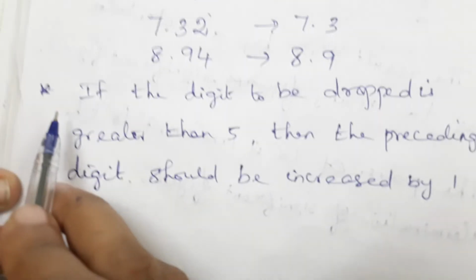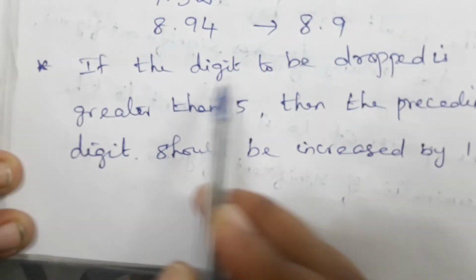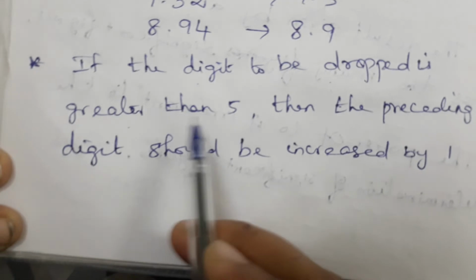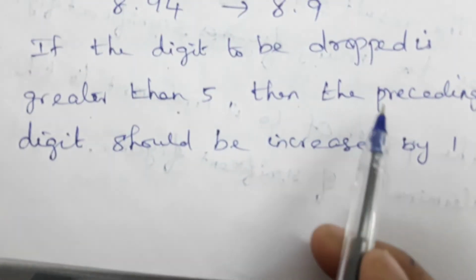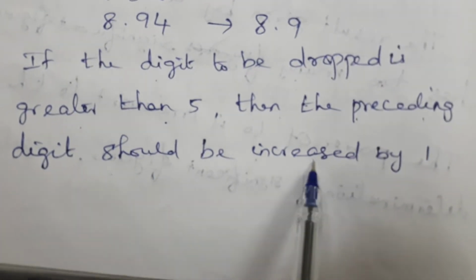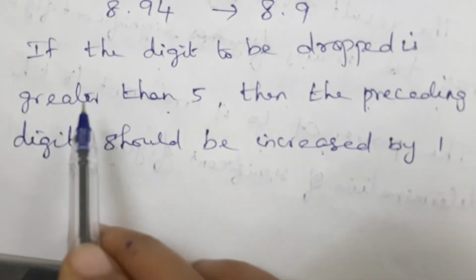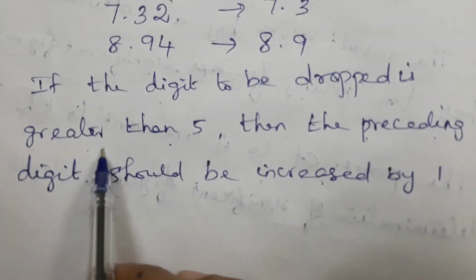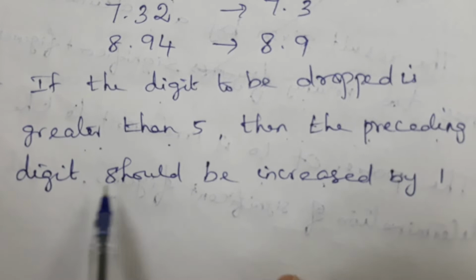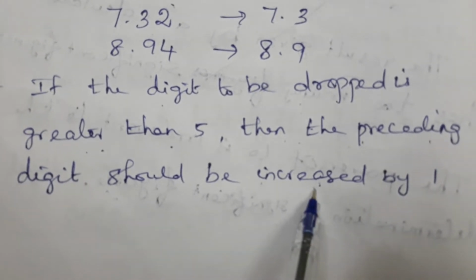Second rule. If the digit to be dropped is greater than 5, then the preceding digit should be increased by 1. The number to be dropped is greater than 5, then the preceding digit should be increased by 1.